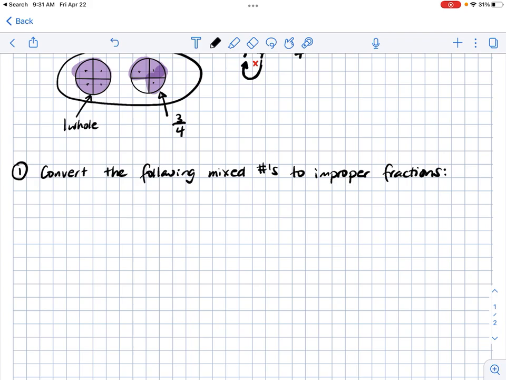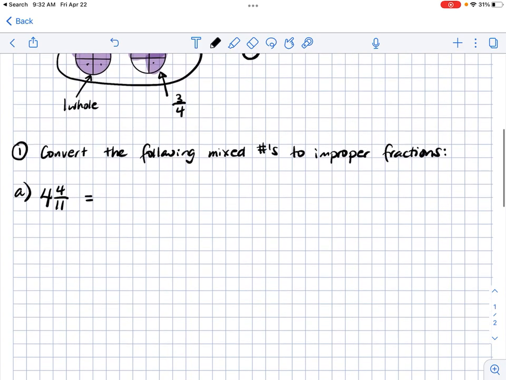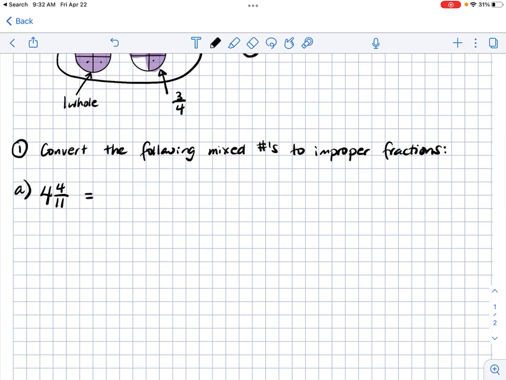Example A, let's give you 4 and 4/11. What would that equal as an improper fraction? I do encourage you to pause the video to figure this out before I go for the answers. And another one is, how about 8 and 7/8? Again, pause the video and figure this out yourselves.